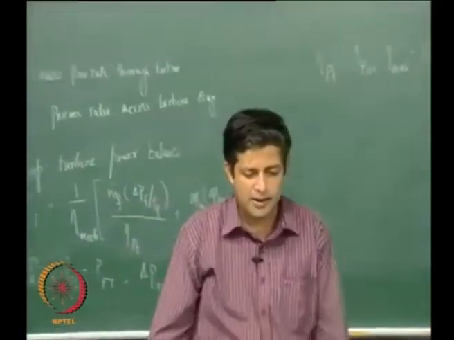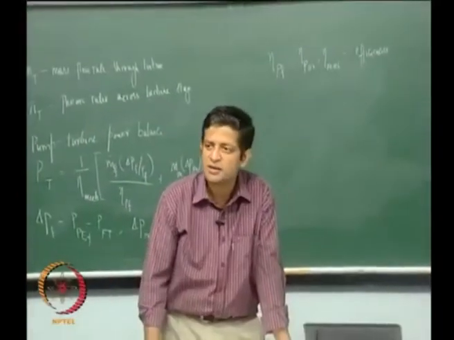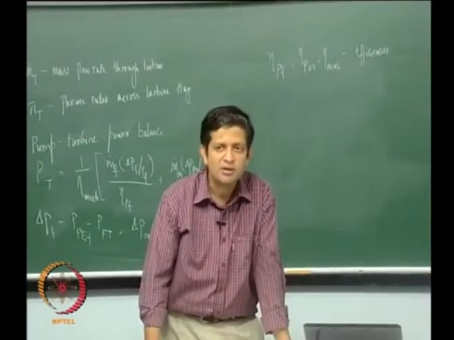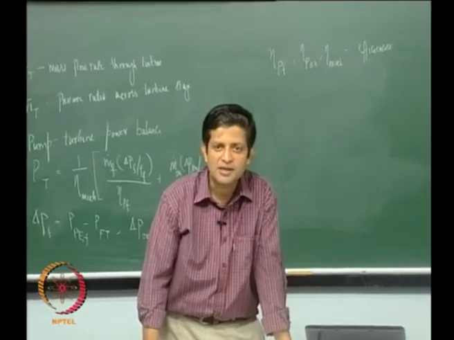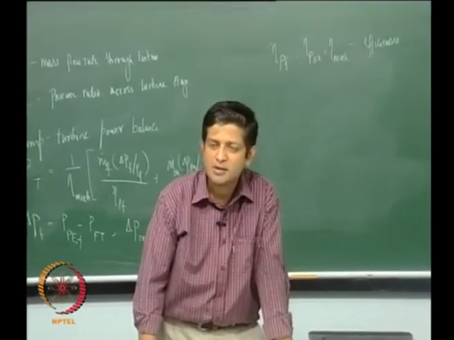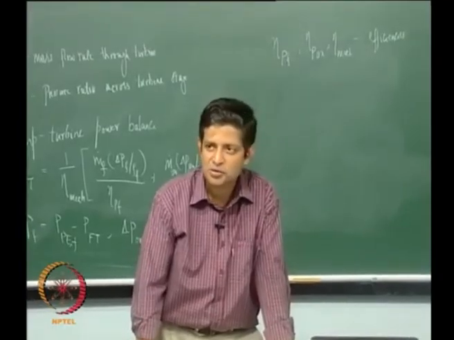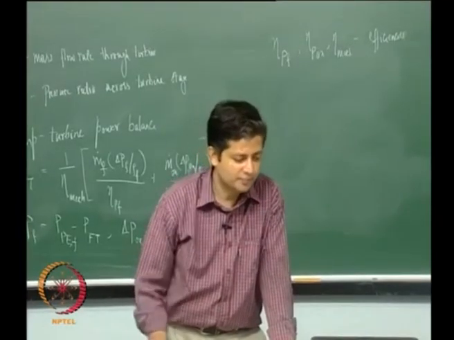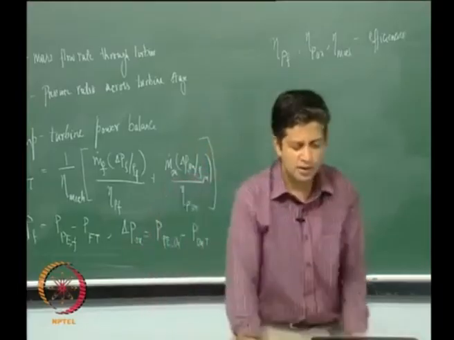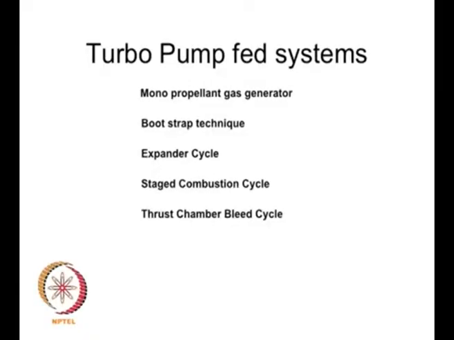Now, there are various designs that are possible for arranging these pumps, and sometimes you can do away without the turbine also. We look at a few of these designs that are listed here.